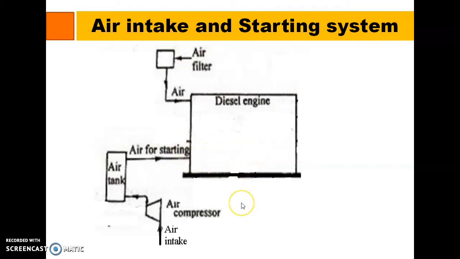So this is how the starting system of the diesel engine works, where the compressor takes the natural air and pressurizes it, so the temperature and pressure of the air are increased, and this pressurized air is given to the diesel engine. By using this, the diesel engine will start.